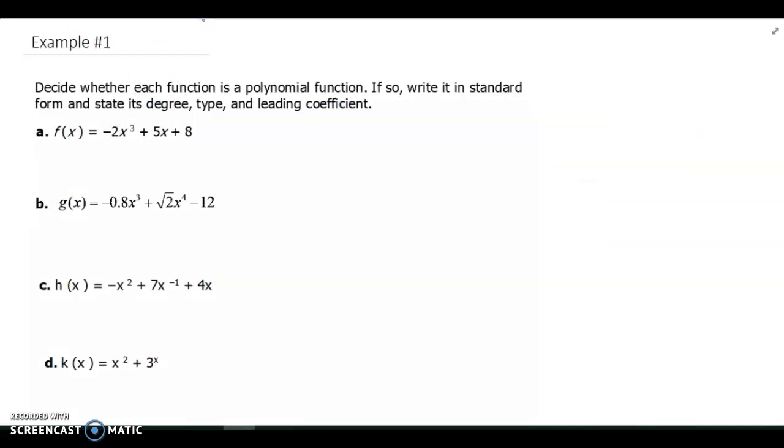All right, so if I look at these, I first want to find out whether each of them is a polynomial function. Okay, if so, write it in standard form, state the degree, state the type, and state the leading coefficient. So the degree, if you don't know, is the highest power.